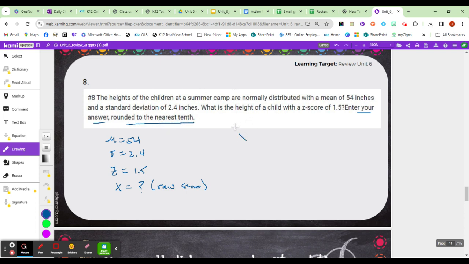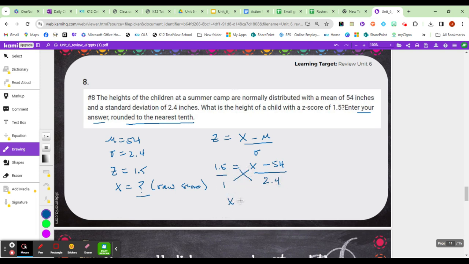So we're going to use the formula. Z is equal to raw score minus average divided by standard deviation. This time we know the z-score, so we're going to put in a 1.5 for the z. We don't know the raw score. That's what we're looking for. Minus the average, 54, divided by the standard deviation, 2.4. I would set up a nice little proportion here.